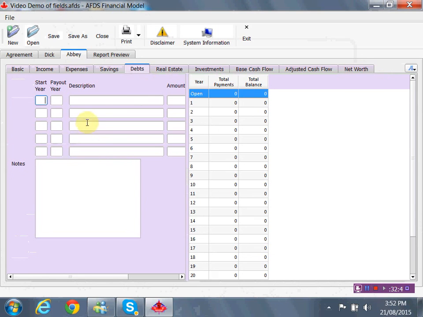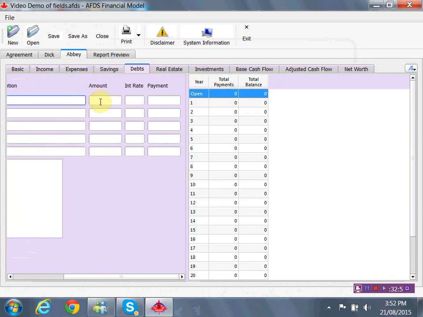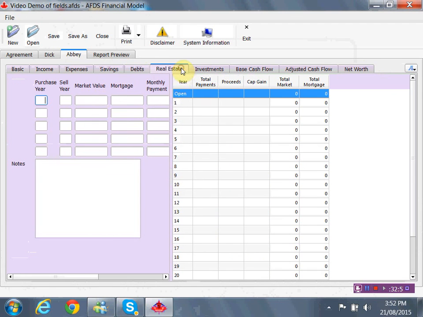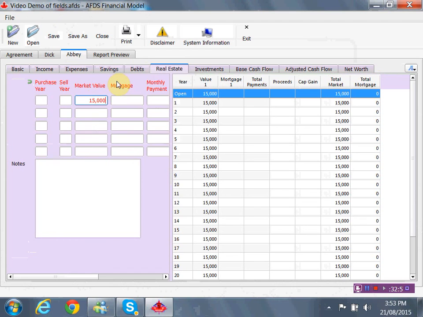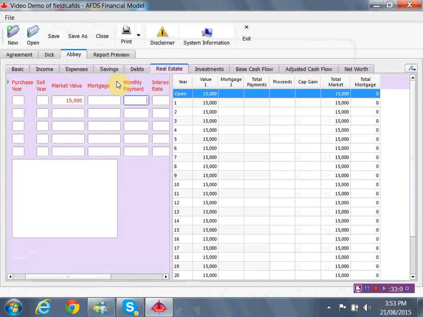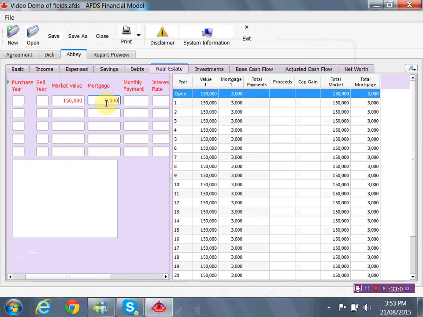Now again, the debts, you would put in whatever was in her debt situation, the amount, the interest rate, and the payment. For her real estate, if she's got the other half of the house, perhaps, and again, if there was a mortgage, you could enter that in for her half.